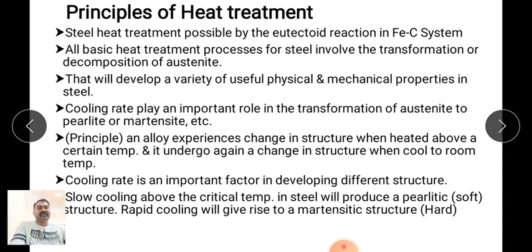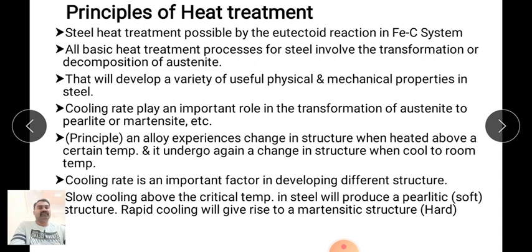Is it? In principle, an alloy experiences a change in structure when heated above a certain temperature, and it undergoes a change in the structure when cooled to room temperature. Means in the steel or that component, some structural changes are experienced or observed while heating as well as while cooling.